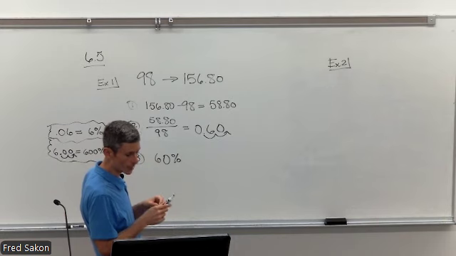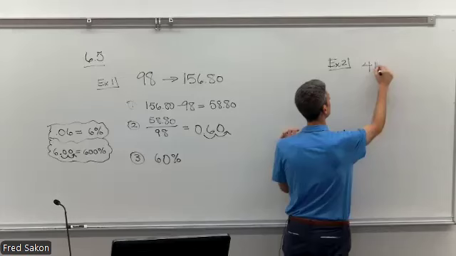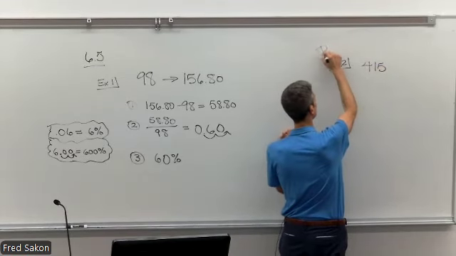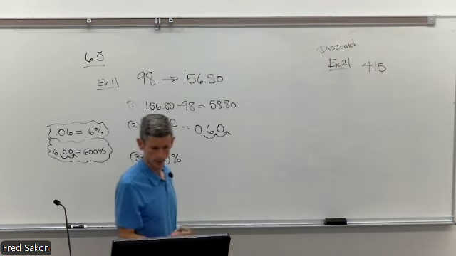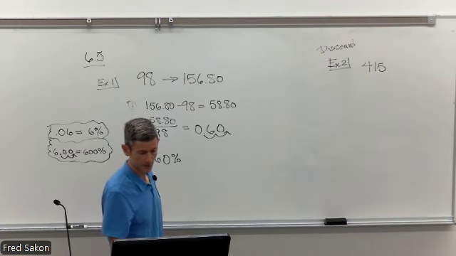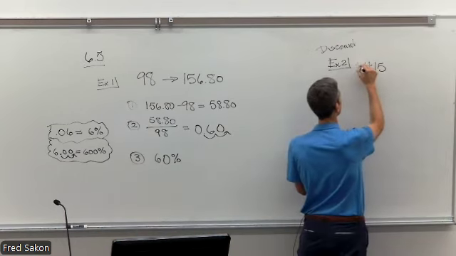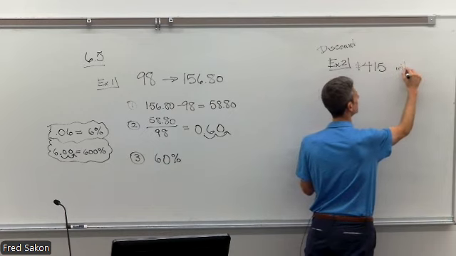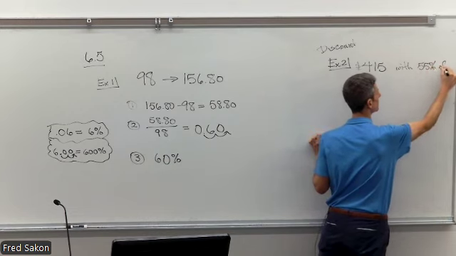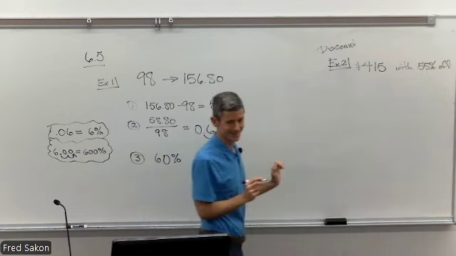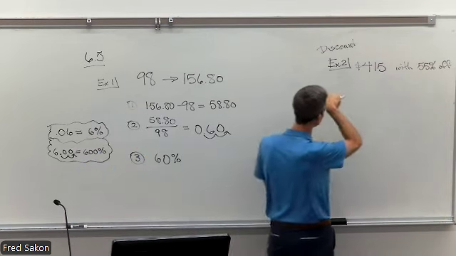We have a gold ring with a regular price of $415, and we are going to take 55% off. What's the sale price? What is the sale price?